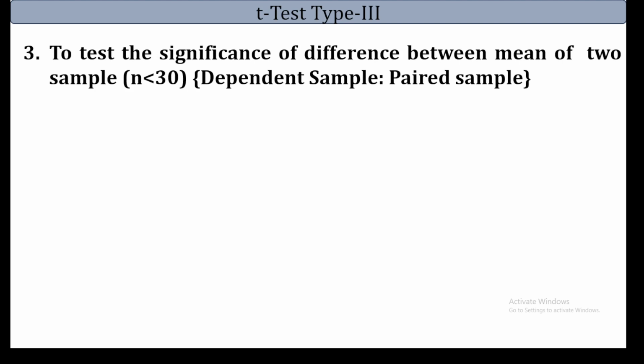So for that type we have to go for the t-test, if the number of samples is less. If the number of samples is large, you have to go for ANOVA, two-way ANOVA if more factors are coming.